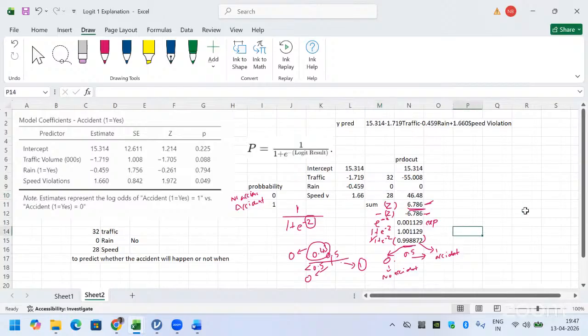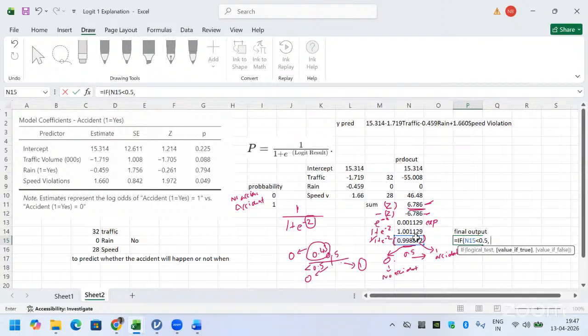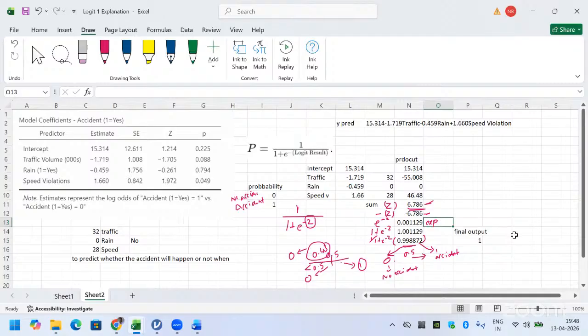So here is the final output. I'm making a condition: if the value located here is less than 0.5, make it 0, otherwise make it 1. So this is my condition, and it is 1 because this value is more than 0.5. Then the final verdict or outcome. What is going to be the outcome?